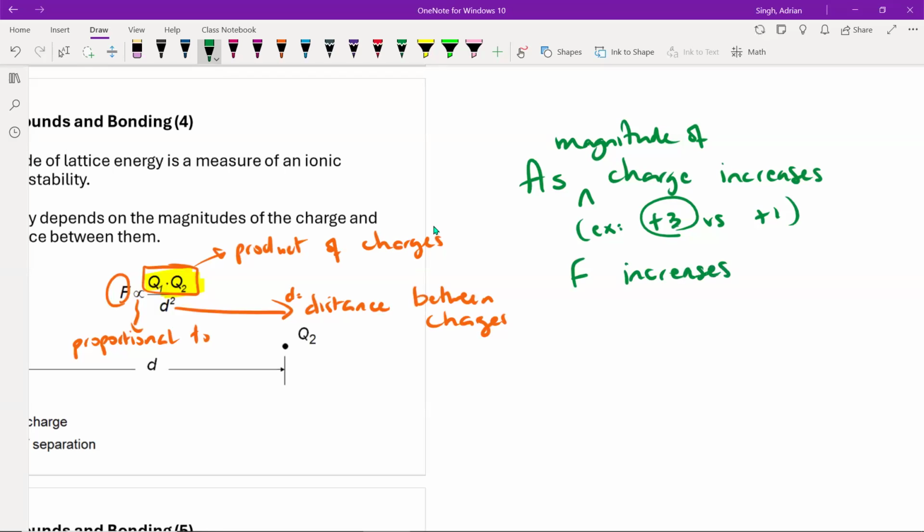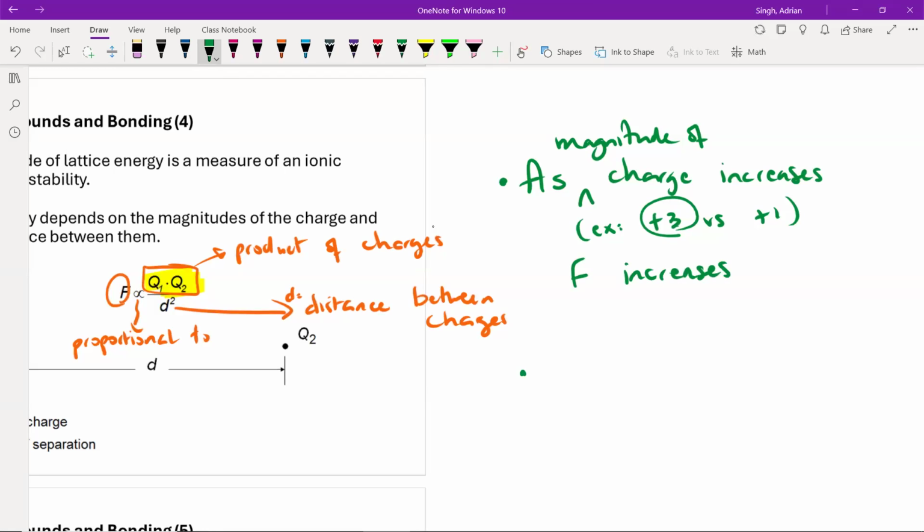As the numerator gets bigger, the force of attraction increases as well. We don't have to think too hard about that, we're just looking at it from a math standpoint. If you have two ions, one with a plus 3 and one with a plus 1, the plus 3 is going to have a stronger attraction to something, and that should make intuitive sense.